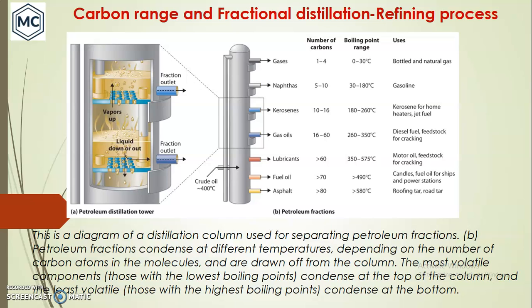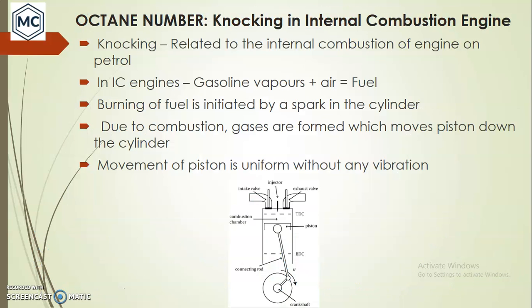So the low boiling point fractions reach the top of the tower very easily, are cooled off from that fractionating column, and go to the pipe. So they get separated. This is the method used to separate different products of crude oil.